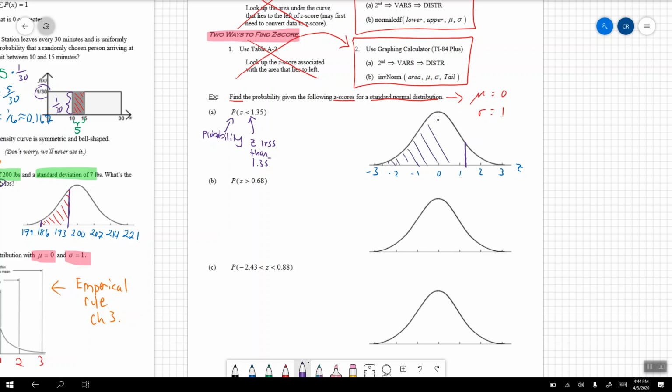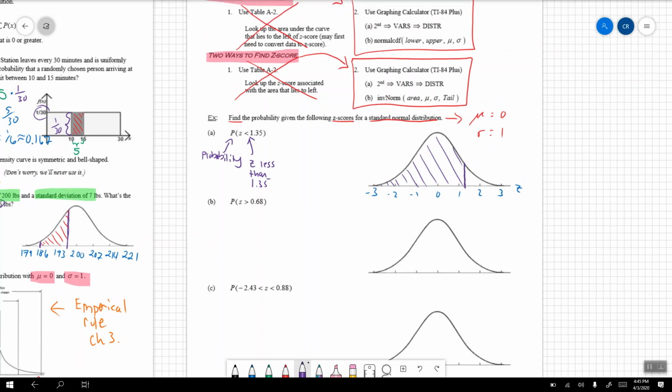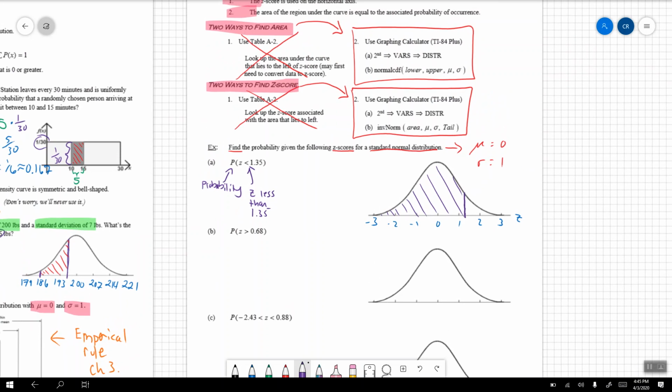And that's the part that we're shading. And because we're shading it, that means that we want to find that probability. So let's look at what we have here. In order to find the probability, that means we got to find the area. So if we want to find the area, we are going to use this one here.